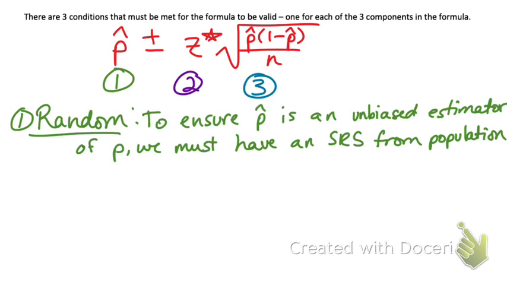Okay? That's something that's pretty easy to check. It's going to tell us that in the problem, and so that's going to be one that pretty well most of the time occurs.